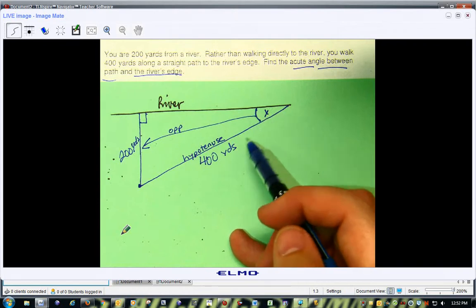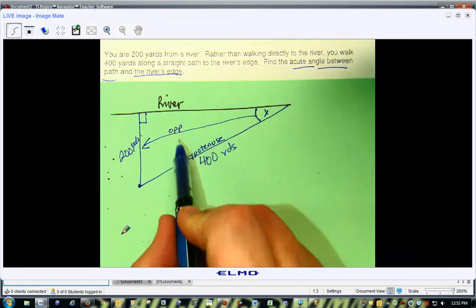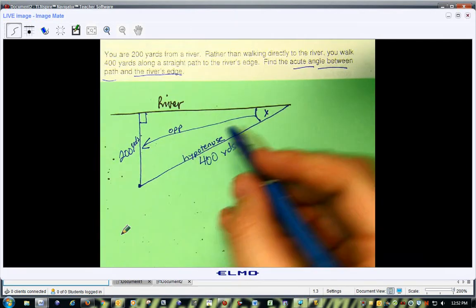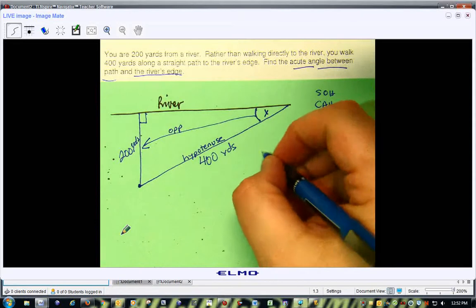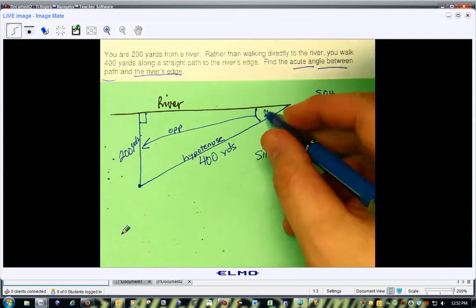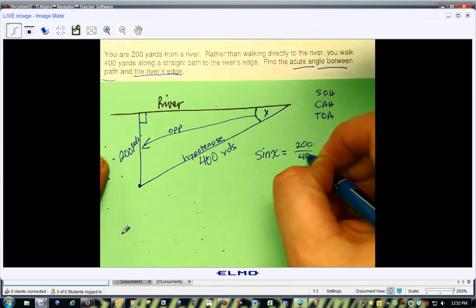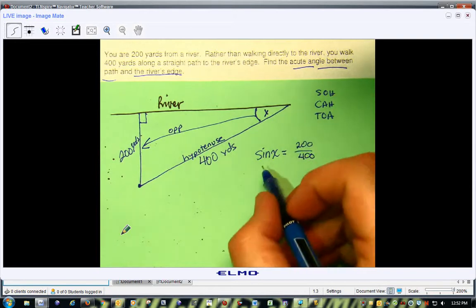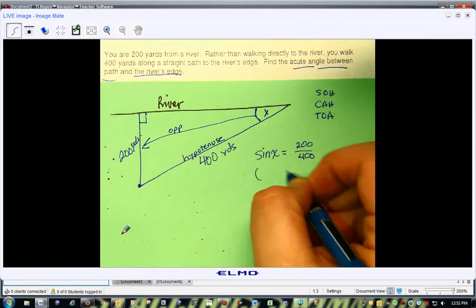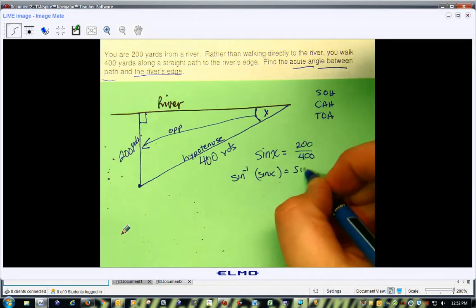So now I have the opposite side and the hypotenuse. Of sine, cosine, or tangent, SOHCAHTOA, which one do I want to use? Yeah, the sine of x is equal to 200 over 400. So now to find x, I'm going to have to use the inverse sine on both sides.